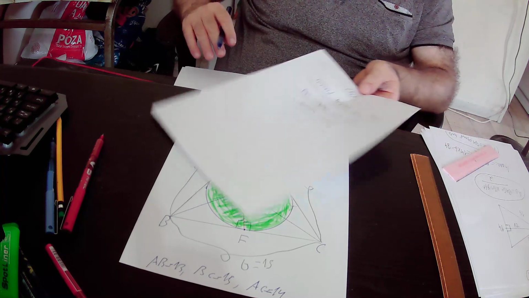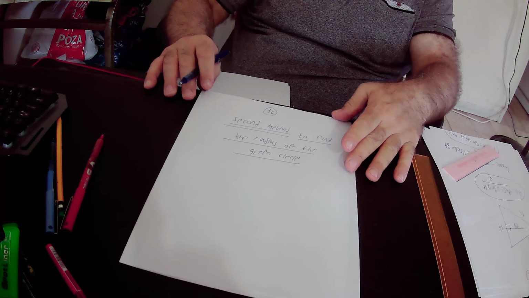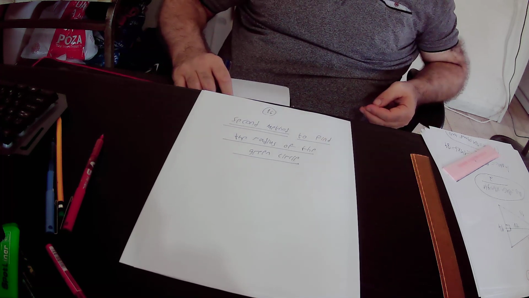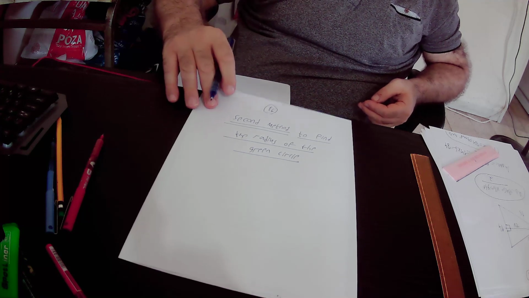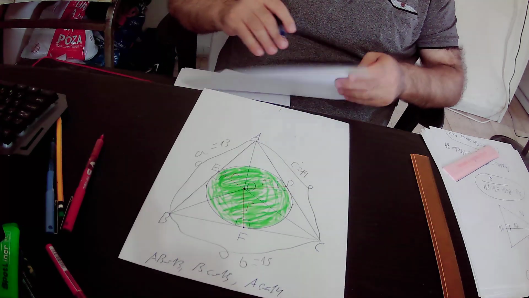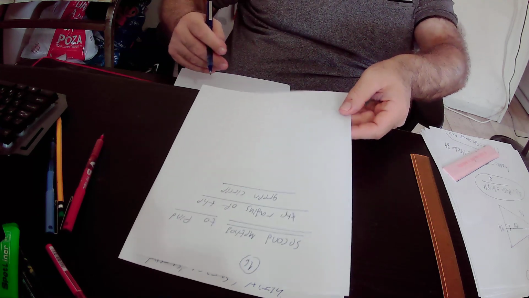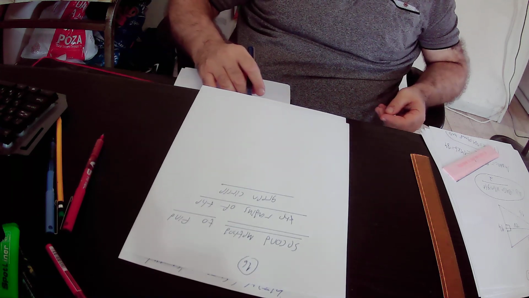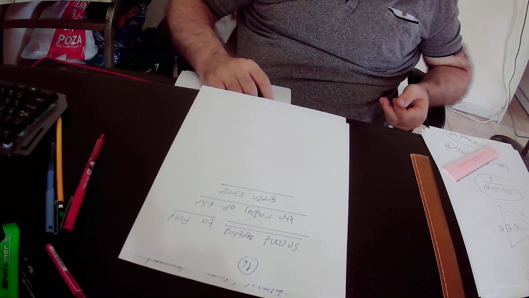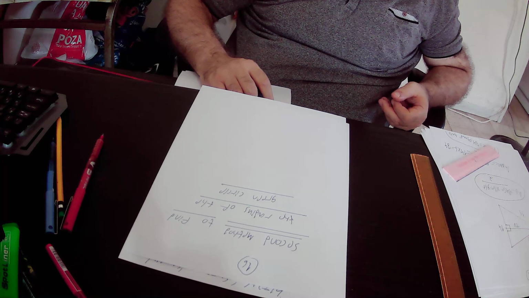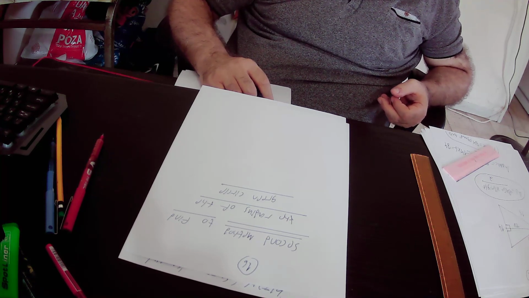Again, I will present to you a second method to find out the radius of the green circle. Actually, we can use the following formula in any circle that is inscribed inside a triangle.